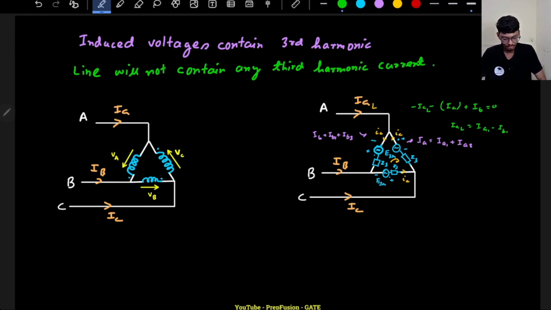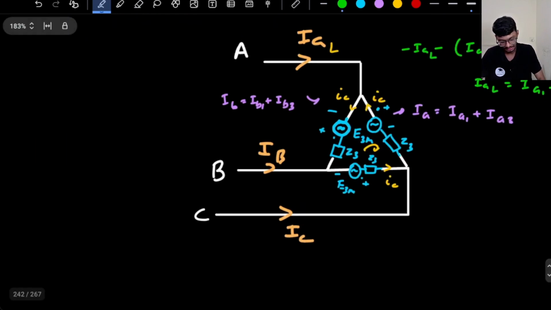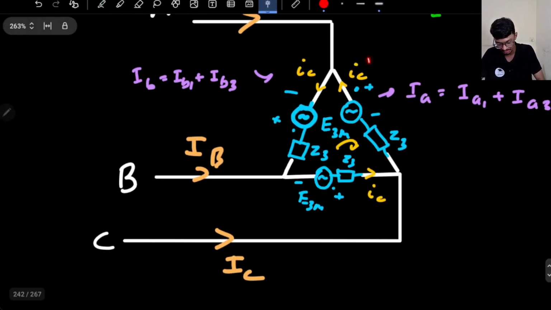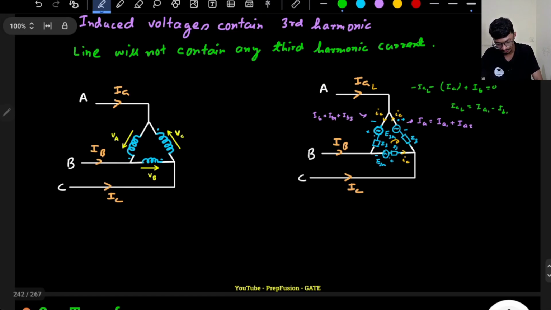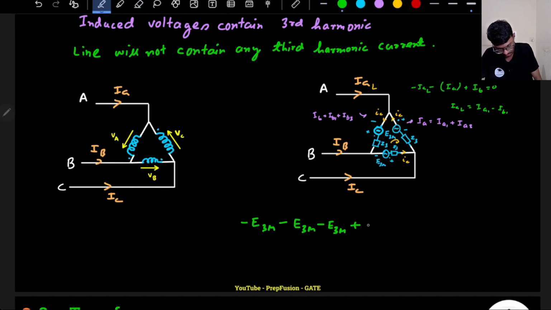Okay. So as we were discussing, now let's come to the fact. Let's assume that there is a circulating current, that is the third harmonic current, that only flows through the phases. Now if I apply KVL here, you will observe minus EM, minus E3M, minus E3M, minus E3M, plus IC into the impedance, right?